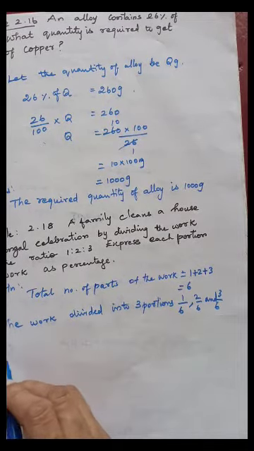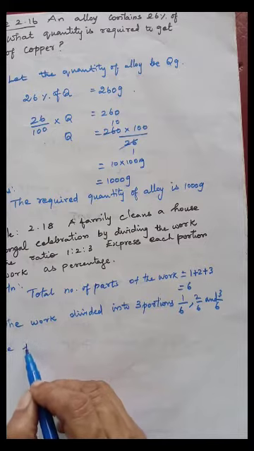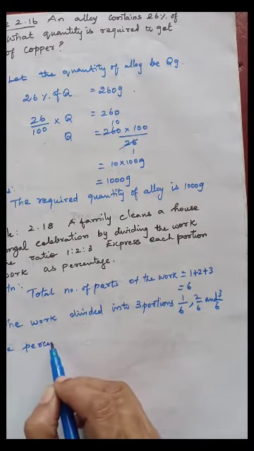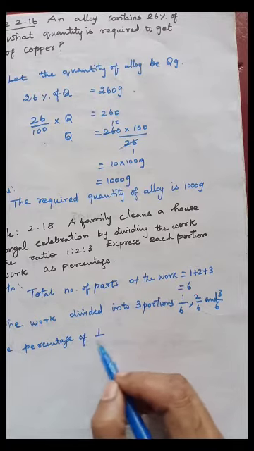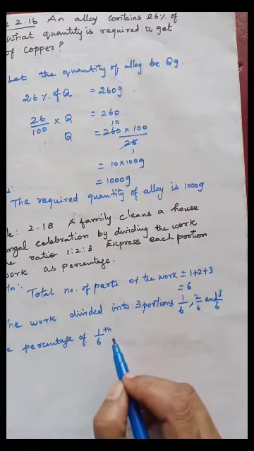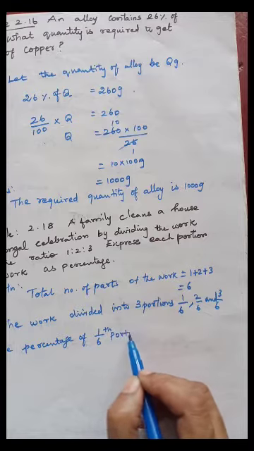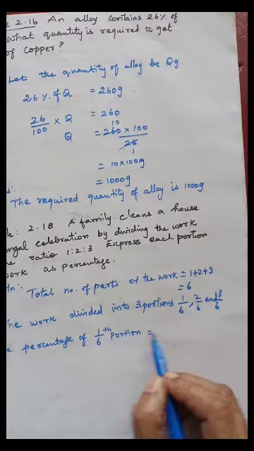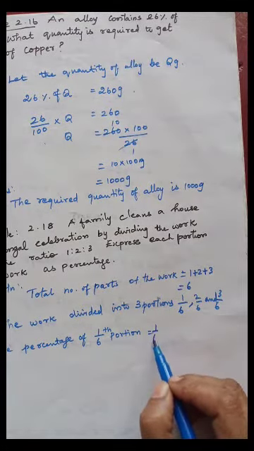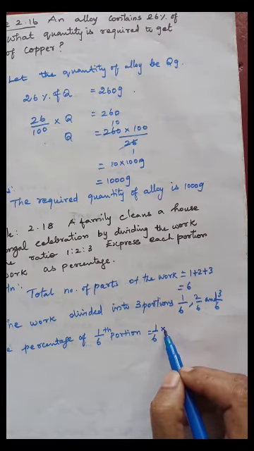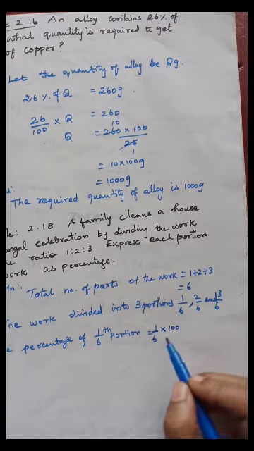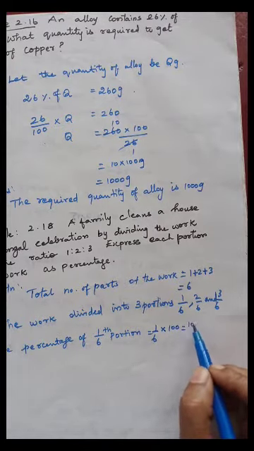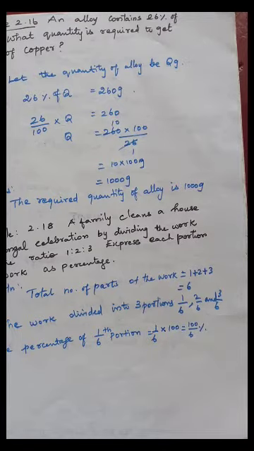So the percentage of 1 by 6th portion is equal to 1 by 6 into 100% of work, isn't it? Into 100. So we can write this as 100 by 6 percentage.